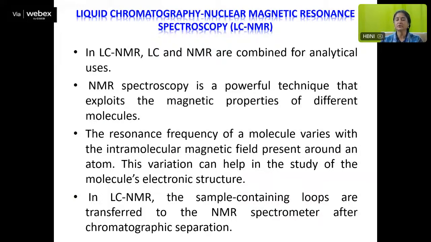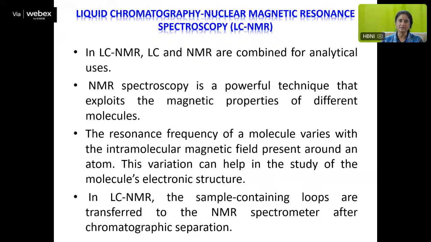Now then, liquid chromatography nuclear magnetic resonance, or LC-NMR. In LC-NMR, LC and NMR are combined for analytical use. Now you know NMR spectroscopy is a powerful technique that exploits the magnetic properties of different molecules. The resonance frequency of a molecule varies with the intramolecular magnetic field present around an atom. This variation can help in the study of the molecule's electronic structure.